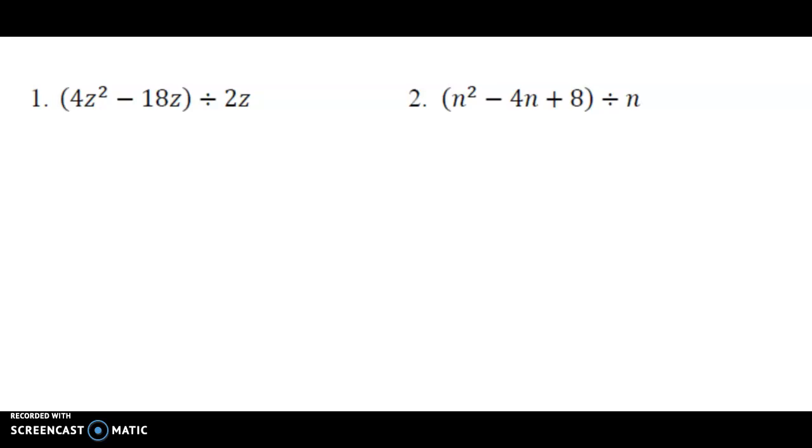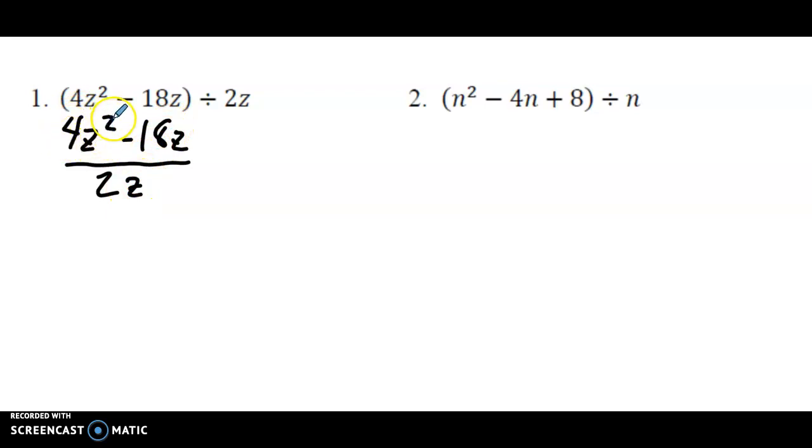Alright, so my first example here, we are going to divide 4z squared minus 18z by 2z. First thing I'm going to do is rewrite it so that it looks like a fraction. So 4z squared minus 18z over 2z. And now I'm going to divide each of these terms by 2z.